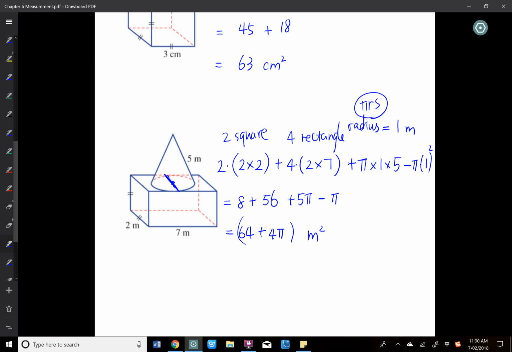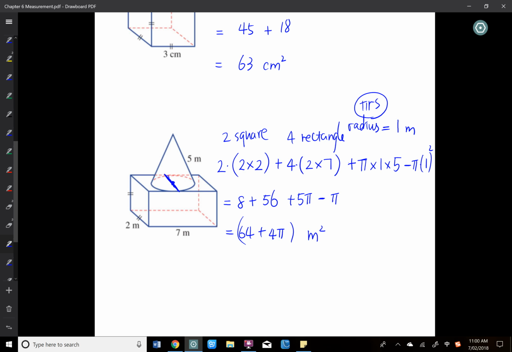Because they all have width 2 and length 7. So it's all width 2, length 7, width 2, length 7, and width 2, length 7, and the bottom width 2 and length 7. So there are 4 identical rectangles. So you can use 2 times 2 times 2. 2 times 2 is the area of the square. We have 2 squares. We have 4 rectangles. The rectangle is 7 times 2.